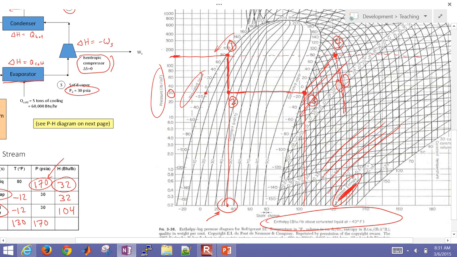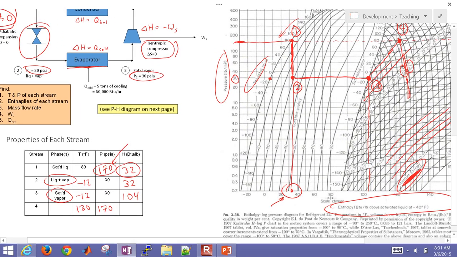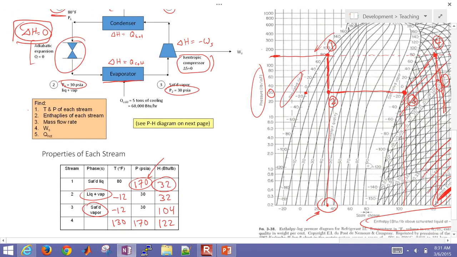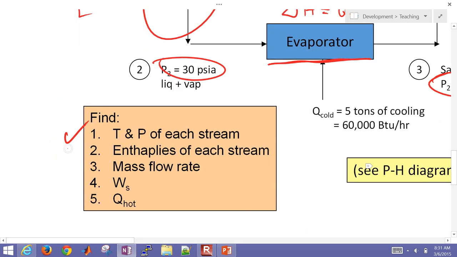So that's about 130 degrees Fahrenheit. And then if I trace down as well to get my enthalpy, then that's going to be 122 for my enthalpy. Okay, so we have the temperatures and pressures of each stream. We have the enthalpies of each stream.